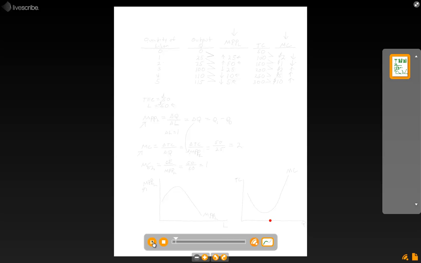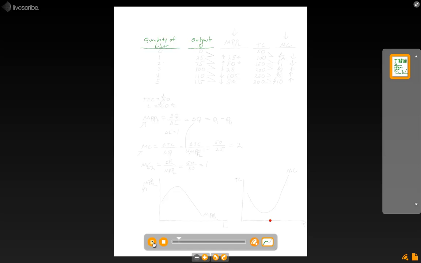To do our calculations, we're going to need about 5 columns of information. The first is going to be the quantity of labor that is going to be hired, and then we're going to have the quantity of output, which we will just put Q for.